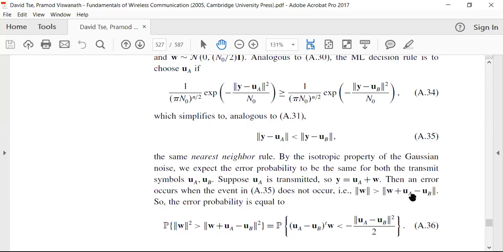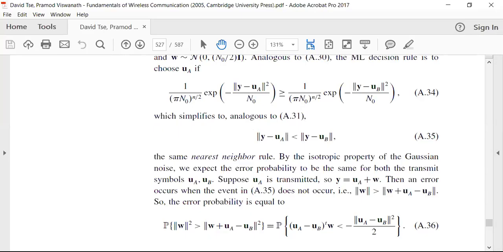Y is equal to w plus ua, so we substitute here, y minus ua is w. So if this is greater, in other words, y minus ua is greater than y minus ub, in that case you will get an error, because according to the nearest neighbor rule, this must be smaller.